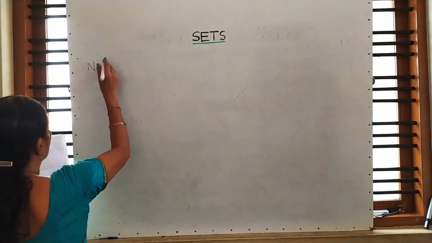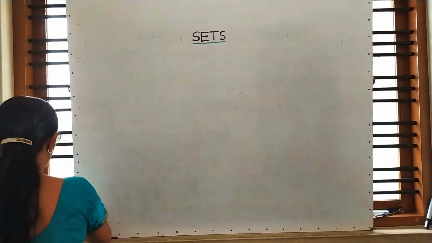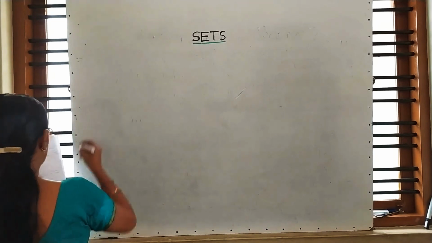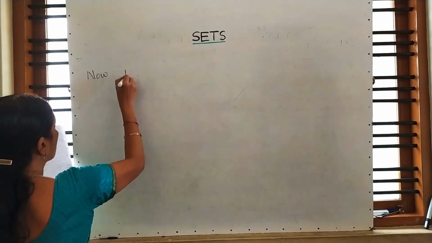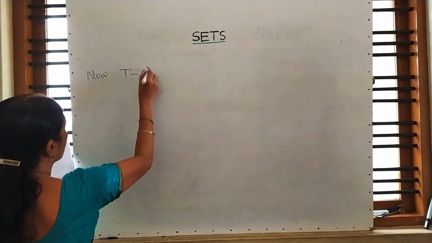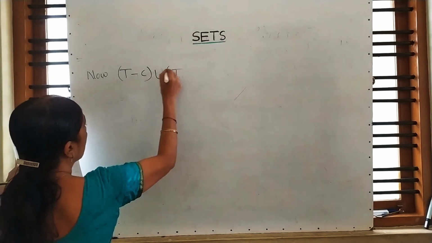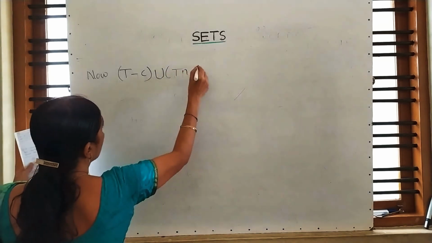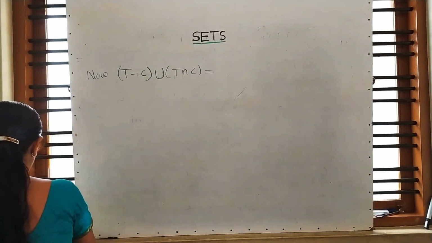Now, see this is the formula I have. T minus C union T intersection C. See, once again I am writing that formula.